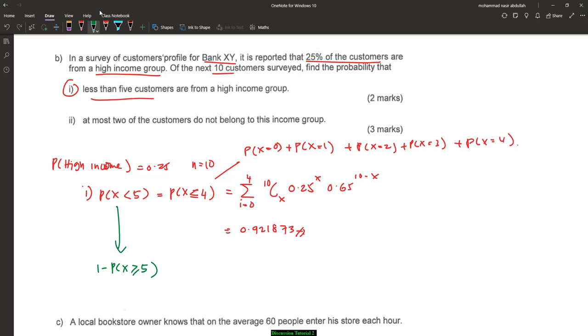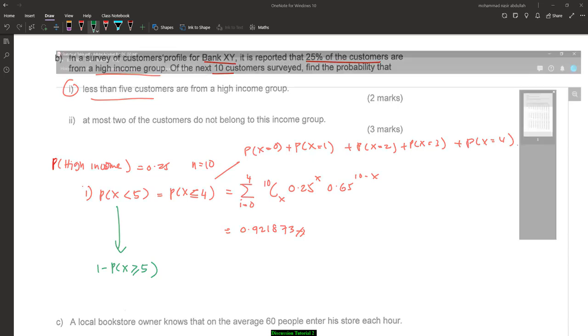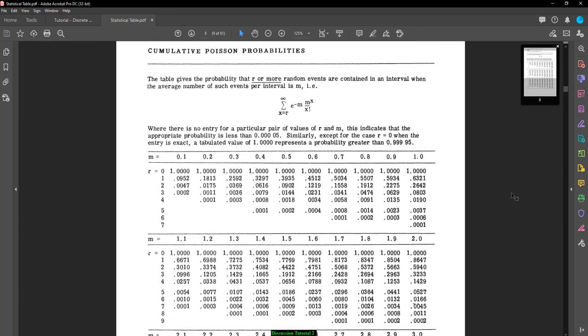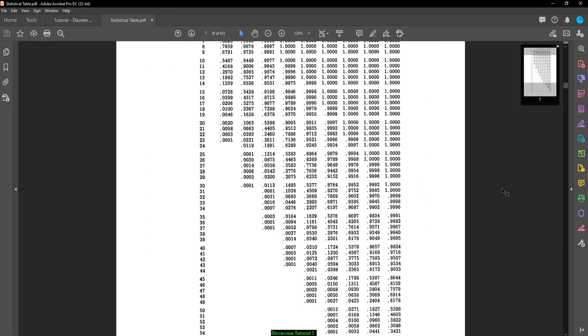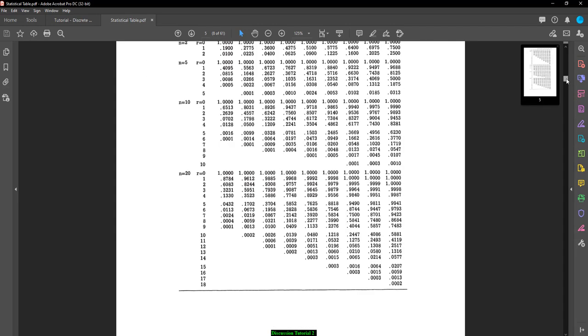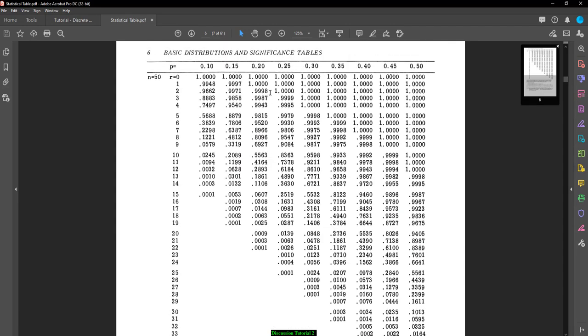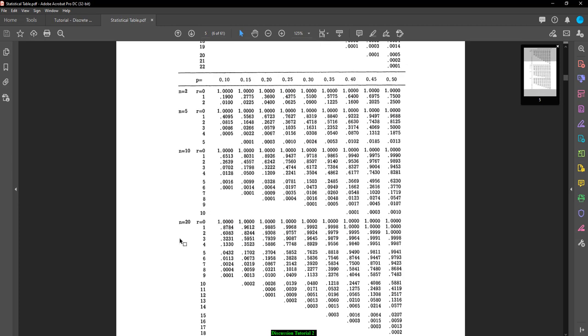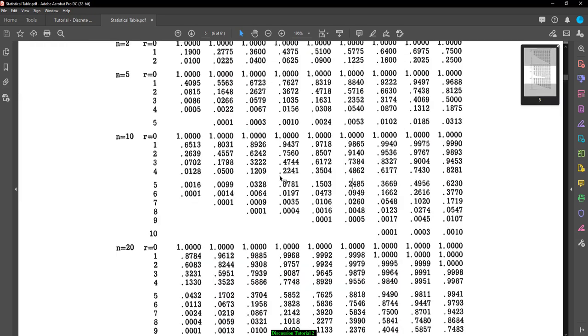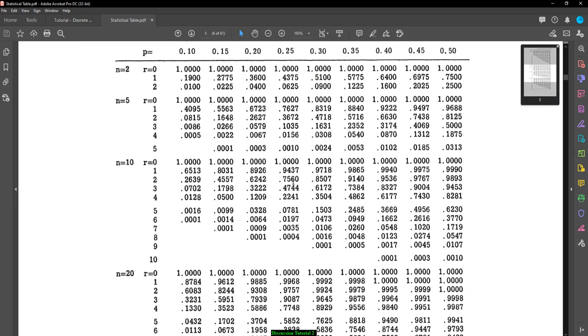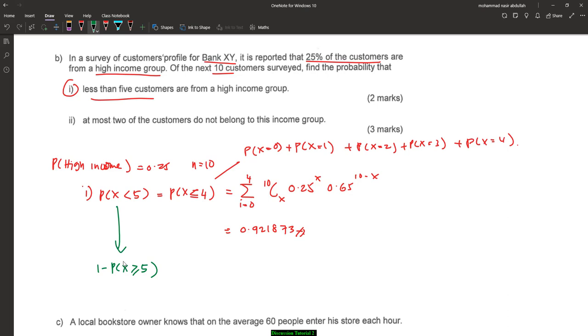right? This is the same concept. So 1 minus, this is a binomial problem. Let's look at the binomial table with 0.25 when n is equal to 10. So here is the area. Can you see? Let me enlarge it a bit. Alright, so what is the probability that we want to find?